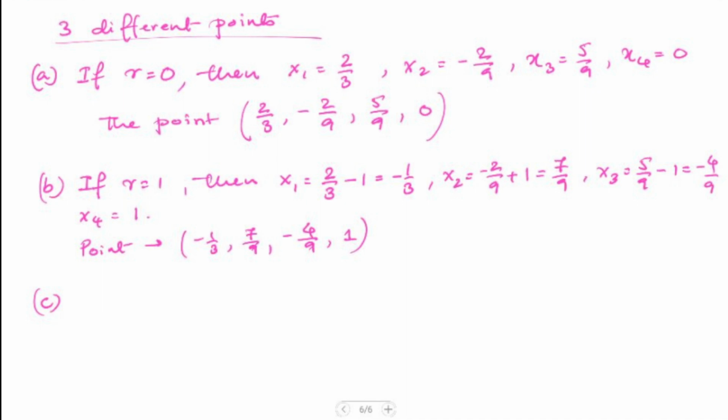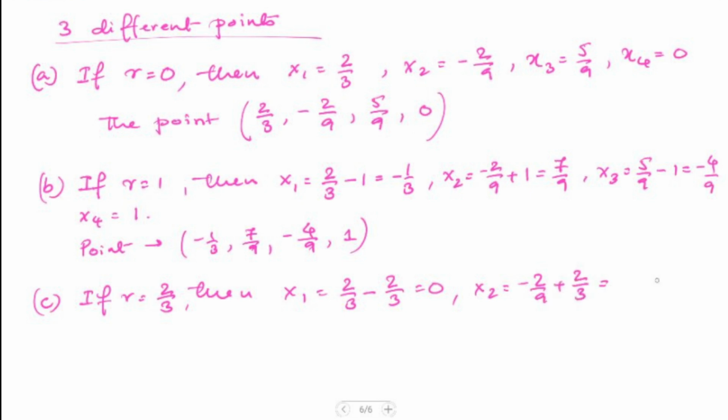Now, let's choose another value for r as a real number. So if we choose now r equal to 2 over 3, then we'll have x1 is 2 over 3 minus r, that's 2 over 3 minus 2 over 3, so that will be equal to 0. x2 is minus 2 over 9 plus r, which is equal to 4 over 9.